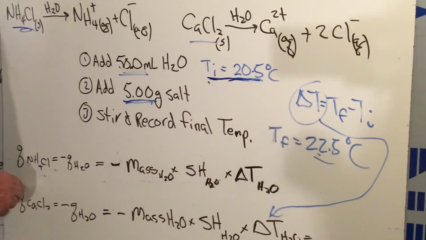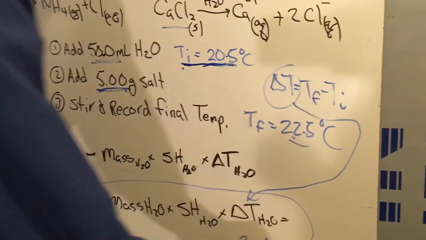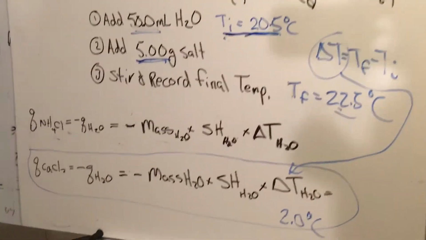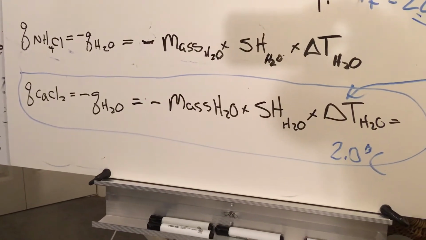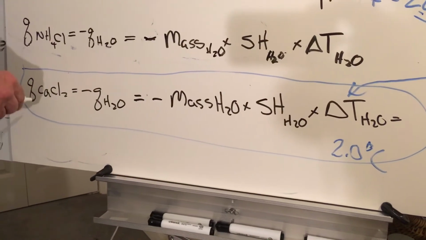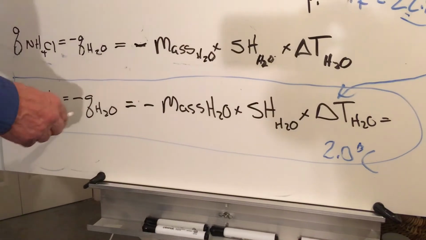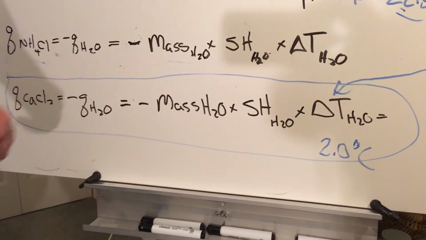And we plug them into our working equation. And this is equation 5 from our online introduction video. The heat of the formation of a solution of calcium chloride is equal to negative the heat of the water in the calorimeter.